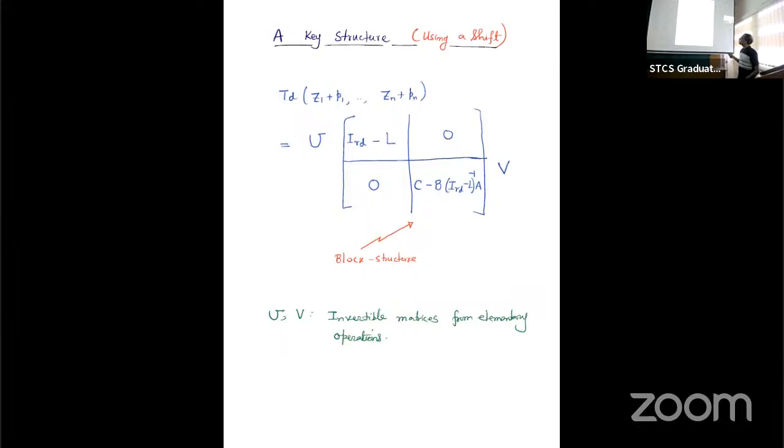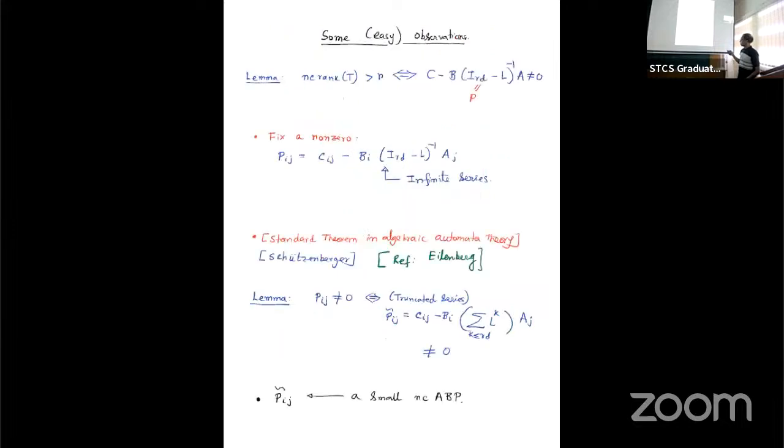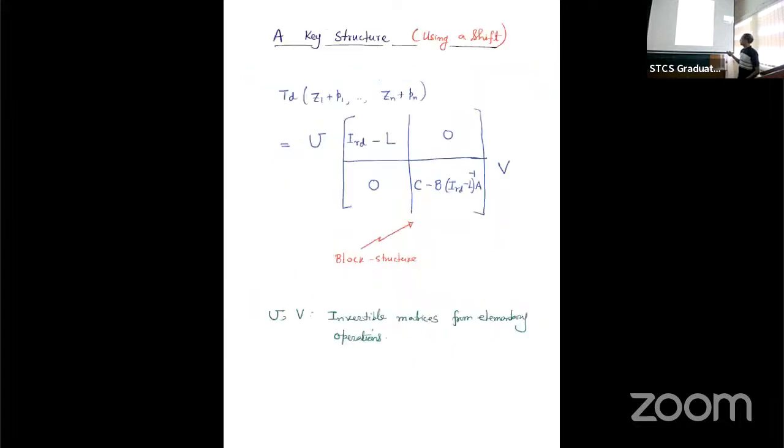And in fact, U and V are invertible matrices. Sorry, what were those B's? They are matrices, B, I_RD minus L. Those are matrices over Z variables. Now the X variables are gone, replaced by Z variables.